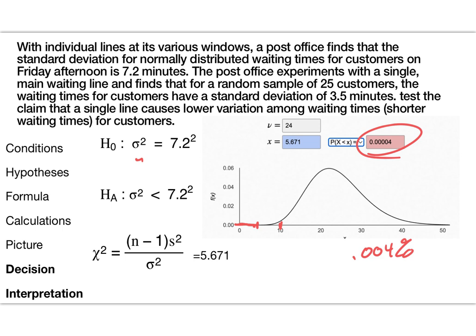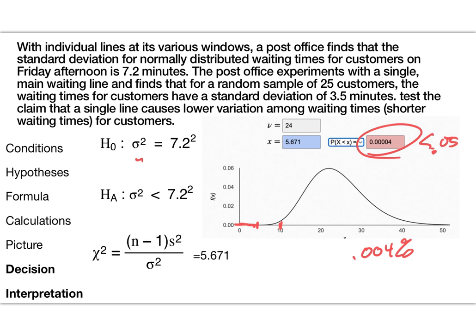Not impossible. In stats, there are very few things that are impossible. But my conclusion is, since the p-value is less than 0.05, it's actually a lot less, we're going to reject the null, accept the alternative.